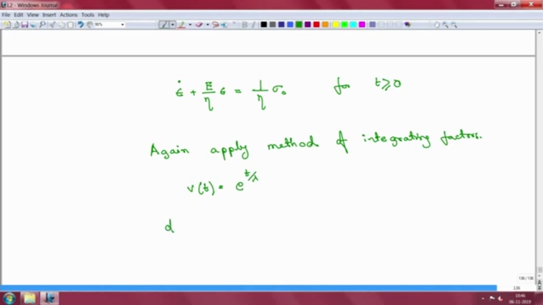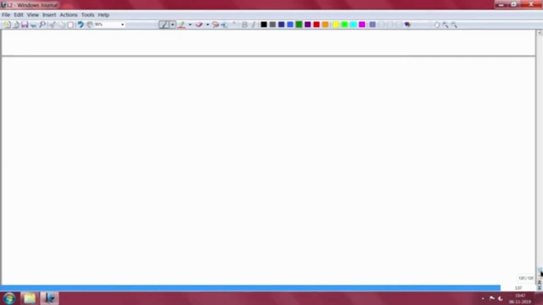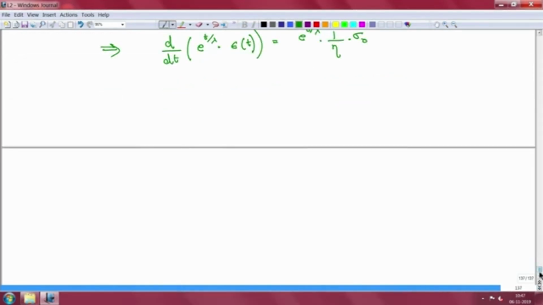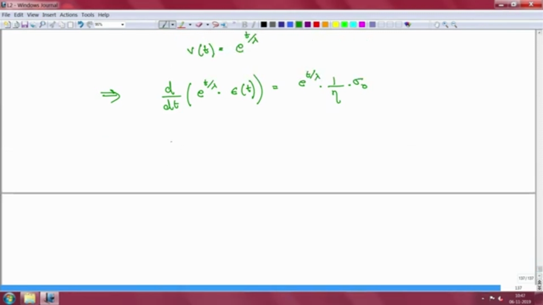So we are left with this equation with sigma naught on the right. Now we will integrate both sides from 0 plus to t. So you have e to the power t by lambda.